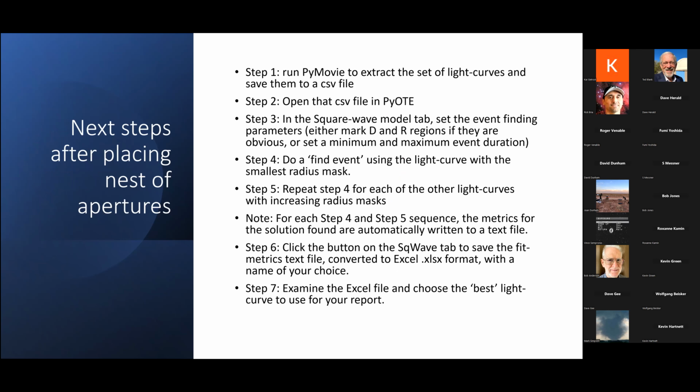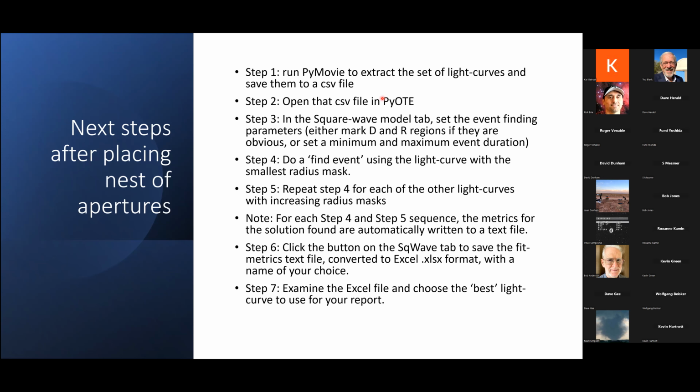So after you've done that, the next step is to run PyMovie. And that'll extract the set of light curves and save them to a CSV file. So you'll have the 12 light curves at least, although you'll probably have one for the tracking star, and hopefully you set an aperture on some empty space so that you can see what a no star signal looks like.